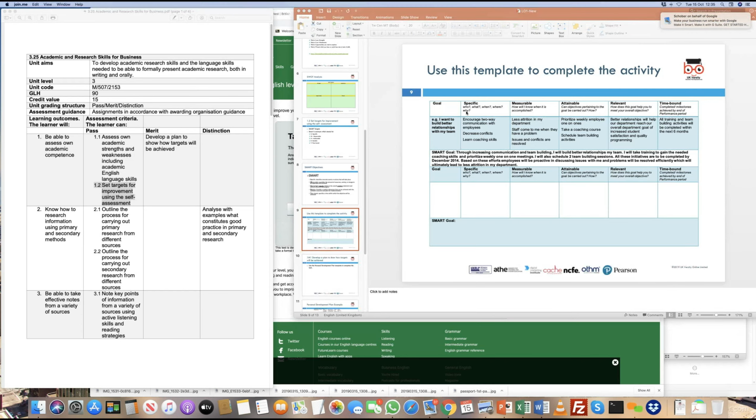So you answer these questions and you put some of these tasks or objectives down, and then look at how you measure them. So what specific things or goals you will have to complete to say that I've achieved this. So if I say encourage two-way communication with employees, that means at some stage you have to be in a position to be able to mediate with employees if there are situations wherein communication is not happening.